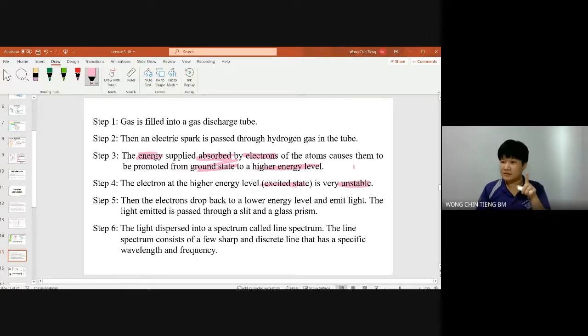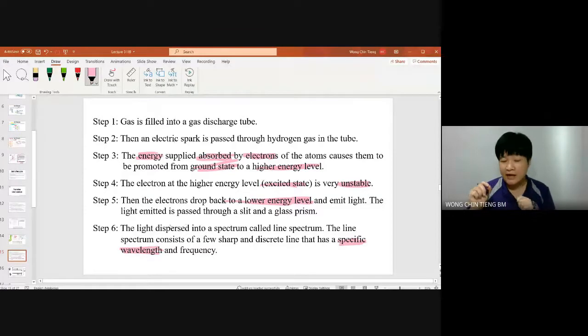Kenapa? Because it's unstable. When it's unstable, it drop back to the lower energy level. When it drop, energy release. When energy release is in the form of light, and that light will have a specific wavelength and frequency. Okay? Alright? Senang. Boleh?